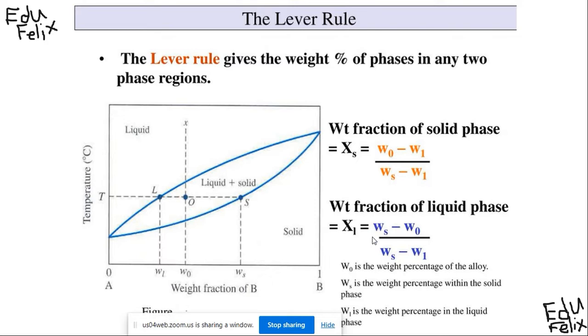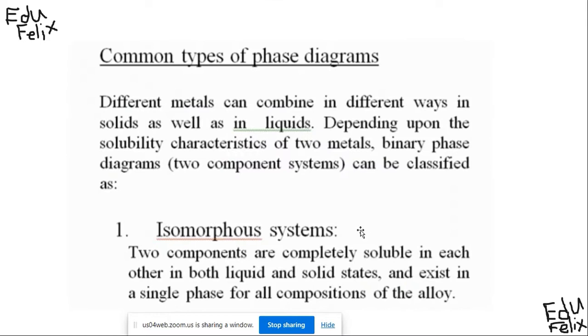These two, you know, the name also changes, lever rule, but you know how to calculate this fraction also, no? Then XL and XS you can calculate, right? That is called the lever rule, right? So if you want to find out, you can use it inside your phase diagrams, right?